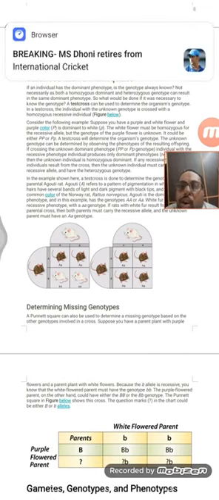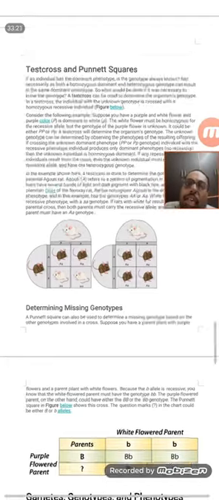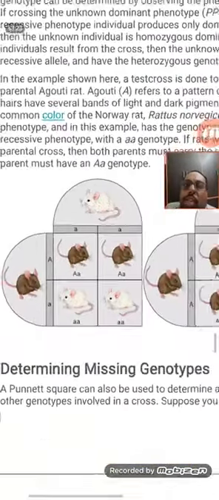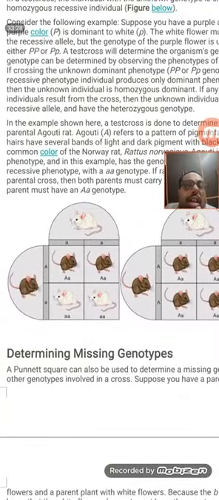But since I copied this from the net, I have used the character of mice. That means one mouse which is brown in color and another mouse which is white in color. So one mouse is homozygous dominant, one is heterozygous, and another is homozygous recessive.